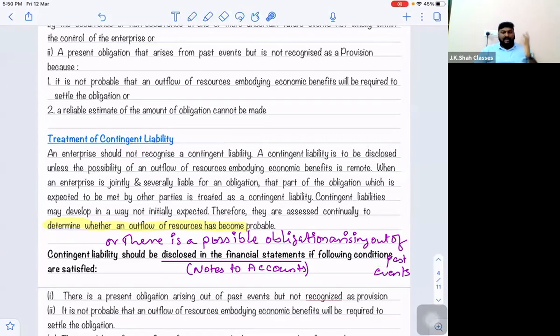Correct? Now, sir, all court cases are generally contingencies only. So if somebody has done a case against you and you're liable to pay a compensation, so definitely it's a contingent liability for you, because you don't know what is the outcome or result of the court case. So today for you, it is a contingency.